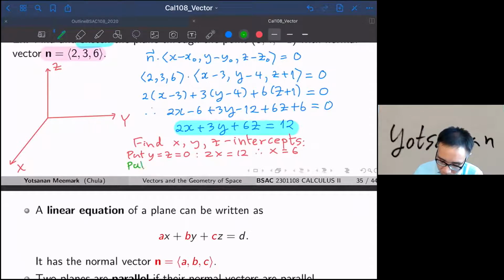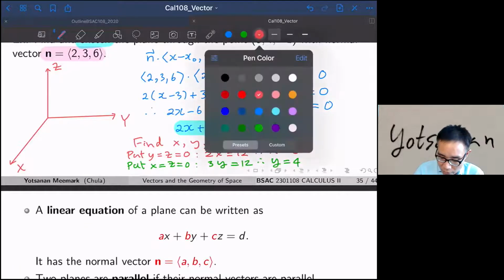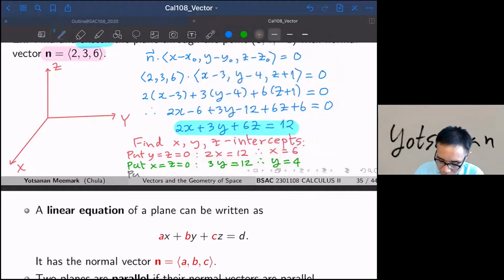The next one, you put x and z equal to 0. So you get 3y equal to 12, so y equal to 4. And finally, you put x and y equal to 0. So you get 6z equal to 12, so z equal to 2.